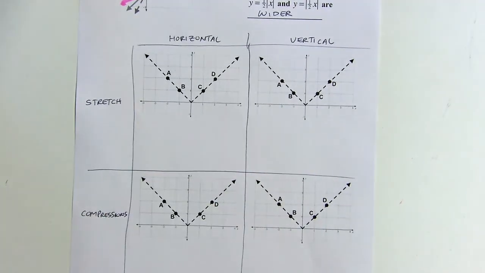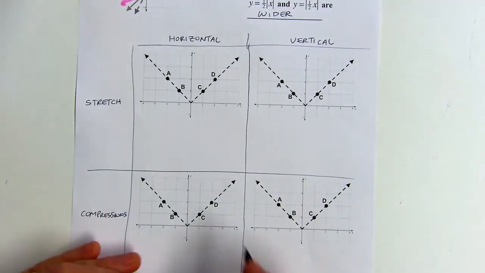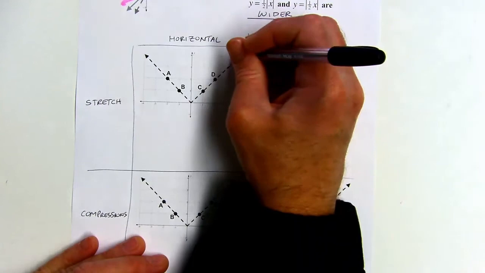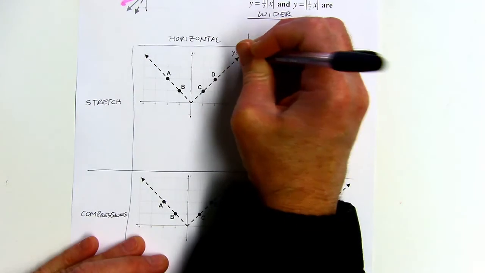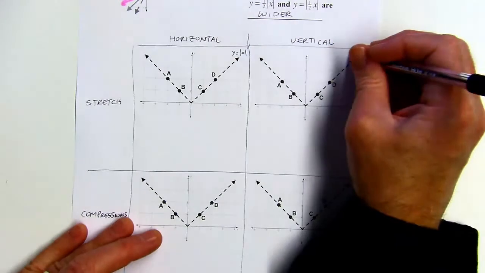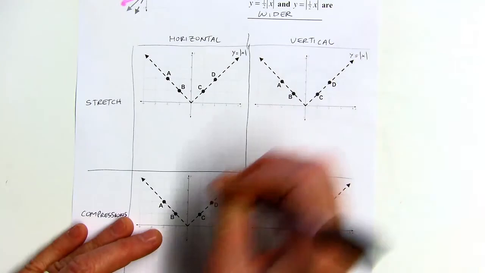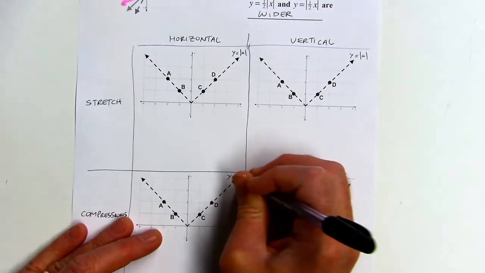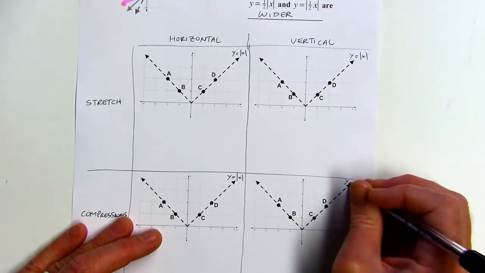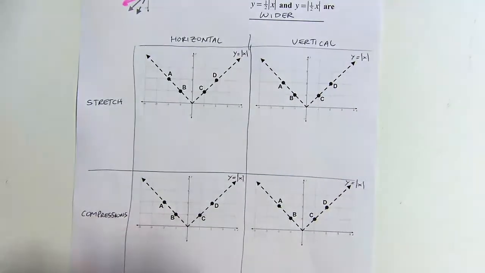Okay, all right, so all of these, y equals absolute value of x is already graphed. You don't need to write it in all of them, I suppose, but I'm just going to compare these changes to the parent graph, okay?